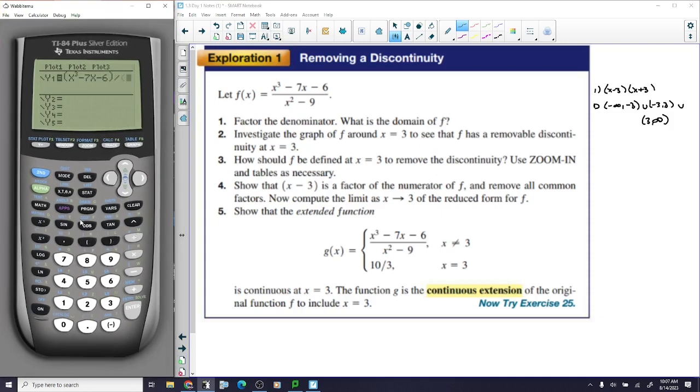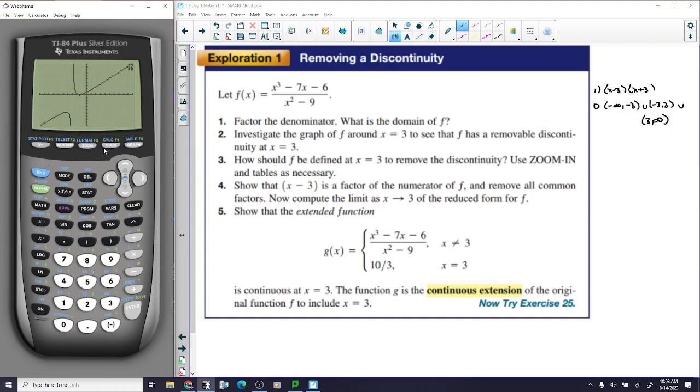Divided by x squared minus 9. So how about zoom 6? That's the standard window. So there we have an infinite discontinuity at negative 3, and we want to investigate the graph and see if it's removable at 3.